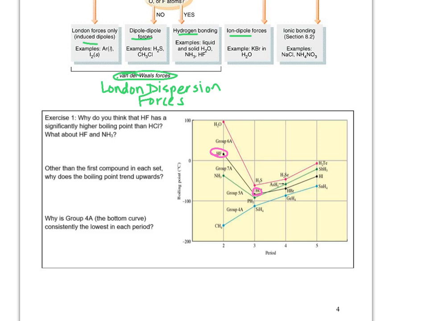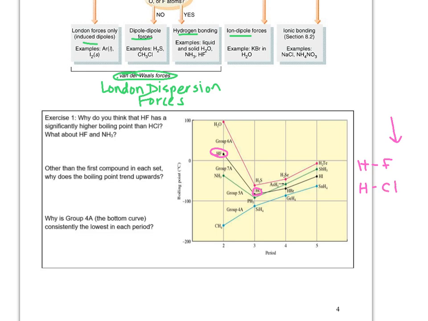So what do we see happening as we go down the group? So we have HF to HCl. First off, we've already talked previously, but are those polar? Hopefully you're realizing, okay, HF, HCl, they're both polar.